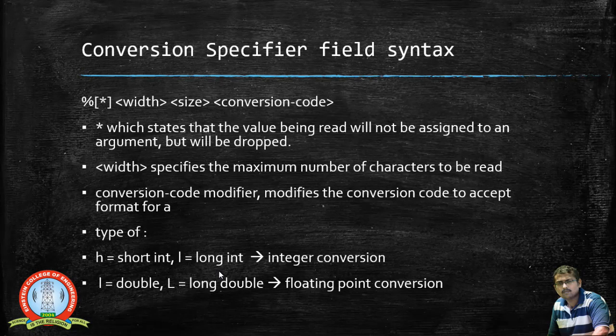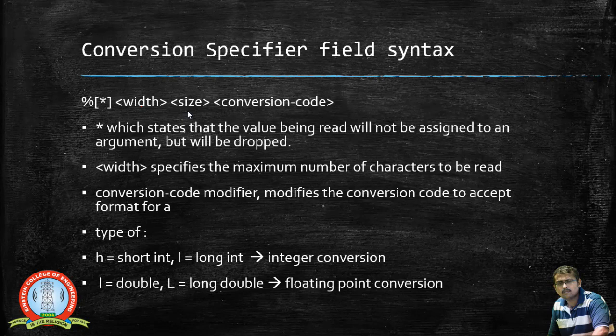So when you take a deep look into the control string or the format string, it consists of a percentage followed by the star, which is an optional field where the value read will not be assigned to the argument; it will be dropped. You can also specify the maximum number of characters to be read in the width, and similarly you can specify the size also.